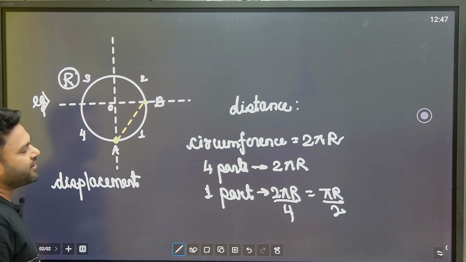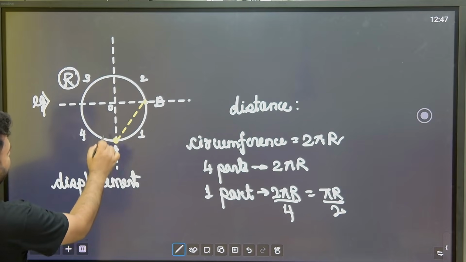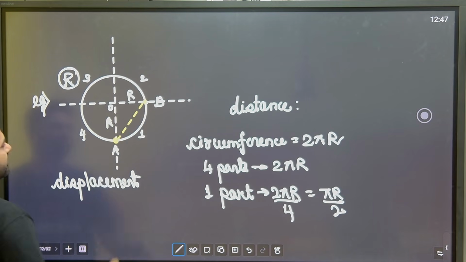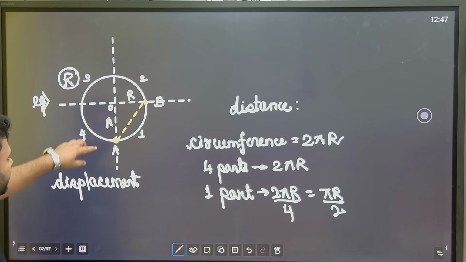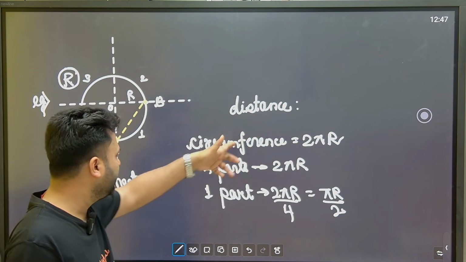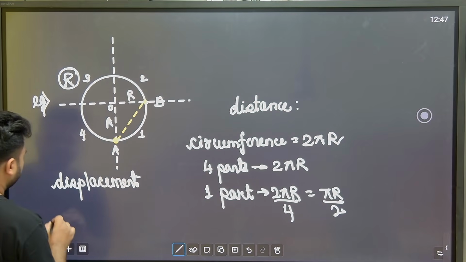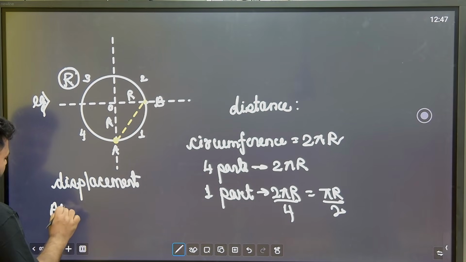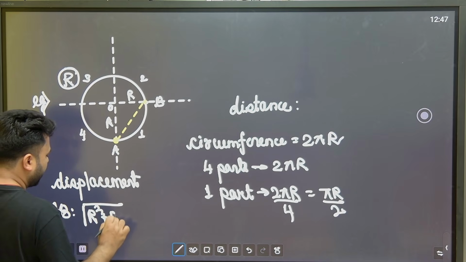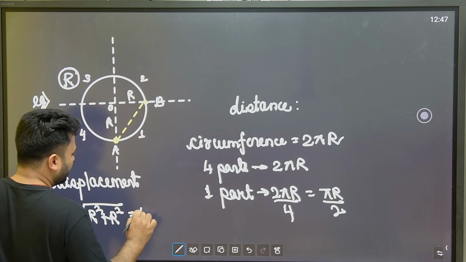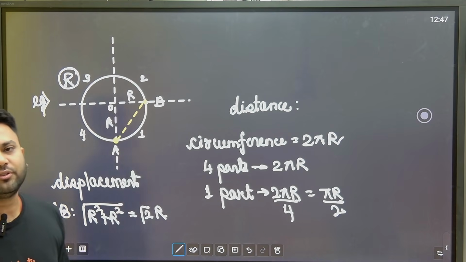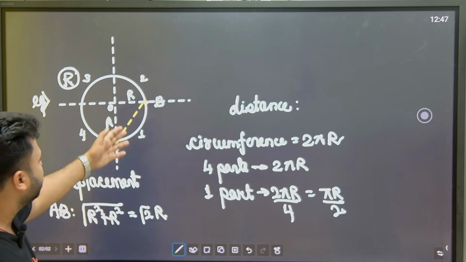AOB is a right angle triangle where AO is radius and OB is also radius. So to calculate AB, I can use the Pythagoras theorem. AB, the displacement, is under root R square plus R square, means under root 2R square, that is root 2 R. So this will be the displacement in this case.